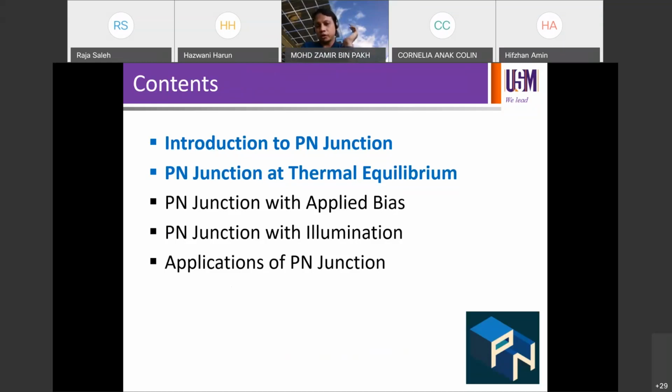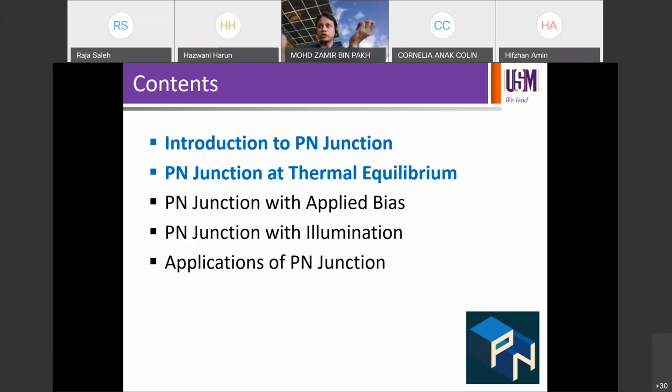So in this topic, we're going to look at introduction to PN junction. We're going to look at PN junction at thermal equilibrium. So you have to look into thermal equilibrium condition first for every condition. Like last time, before you introduce excess carriers, you have to understand the thermal equilibrium condition first, right? The p naught and n naught. We've discussed that before.